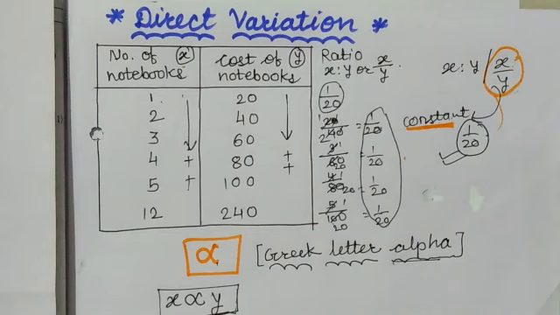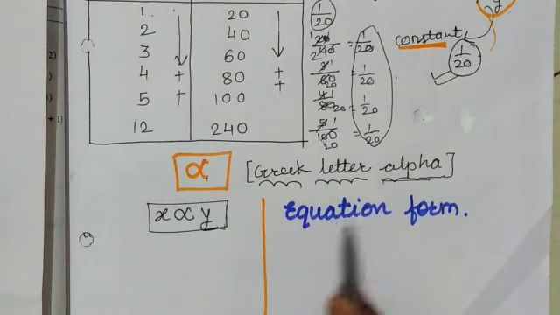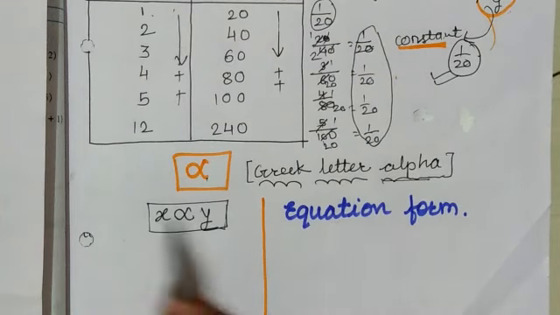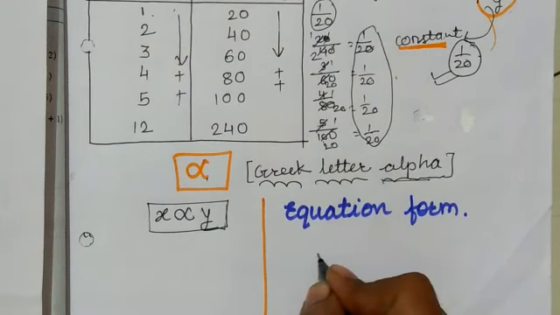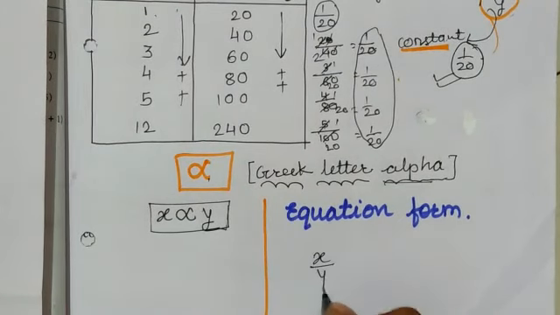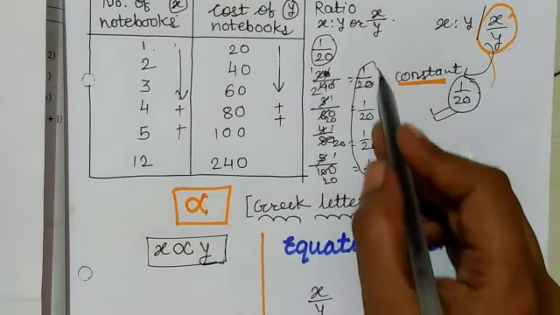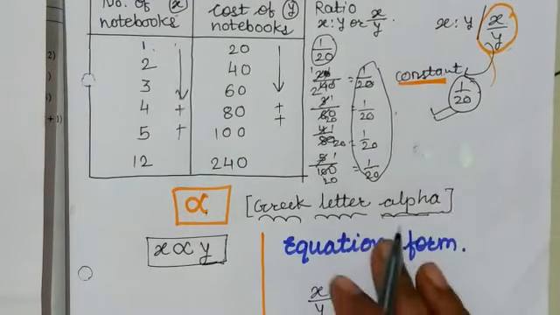But students, for solving the sums, we have to write this variation in the equation format. How can we create this equation form? For that, x upon y, which is our actual variation, is the constant one.